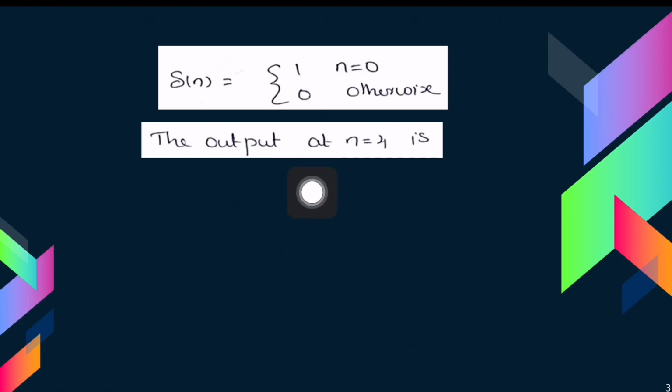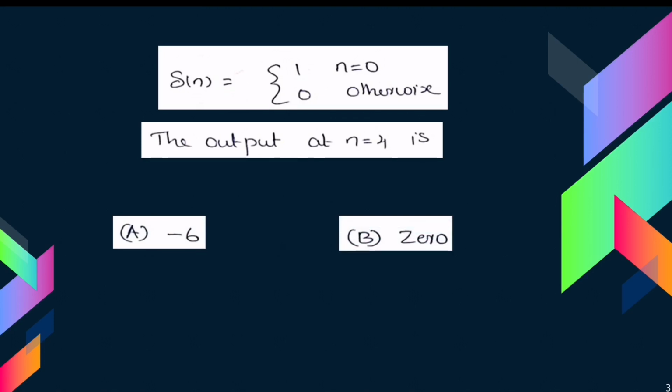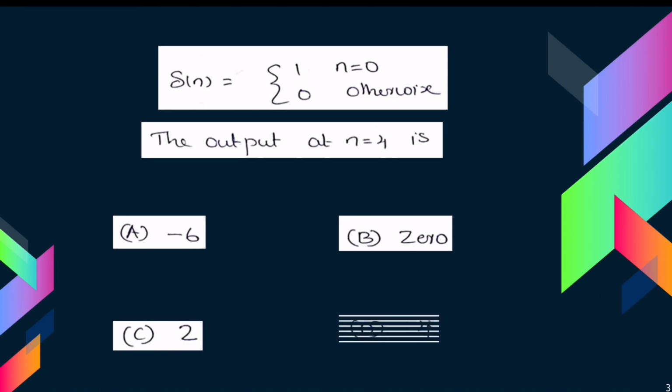The output at n equal to 4 is dash. Four options are given: option A minus 6, option B 0, option C 2, and option D minus 4.